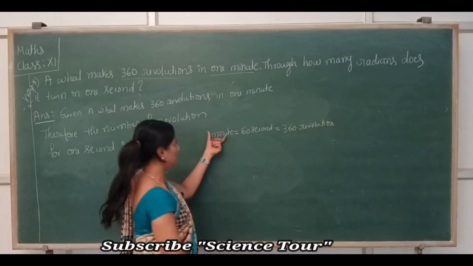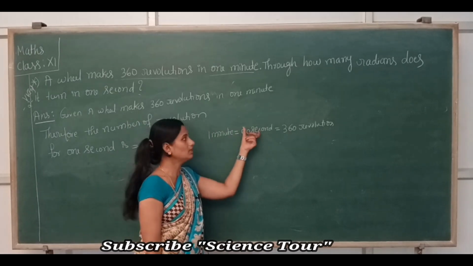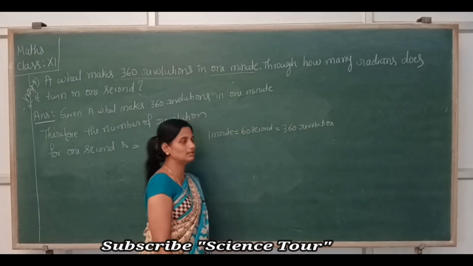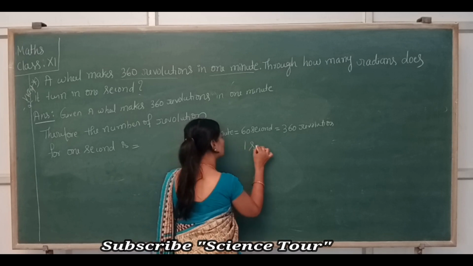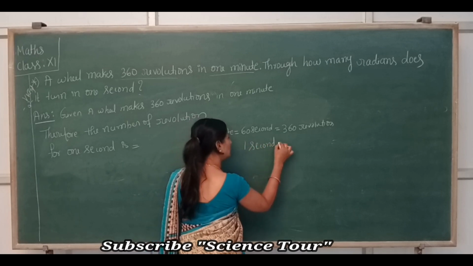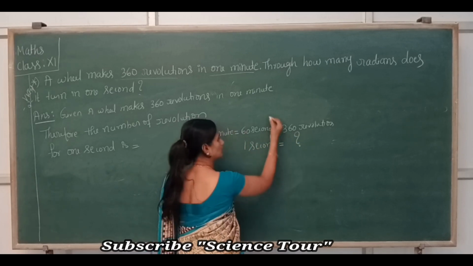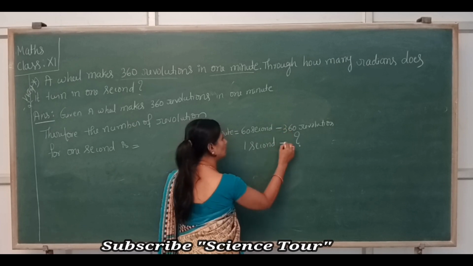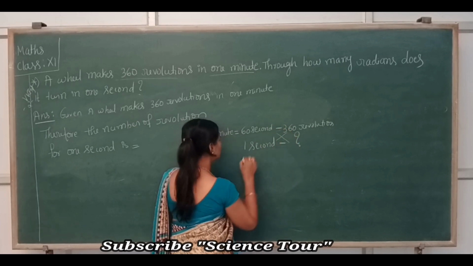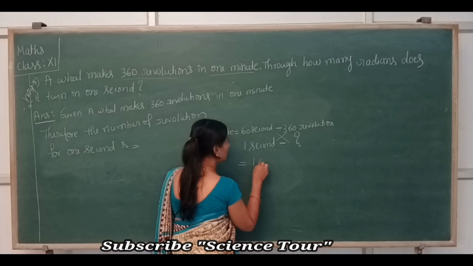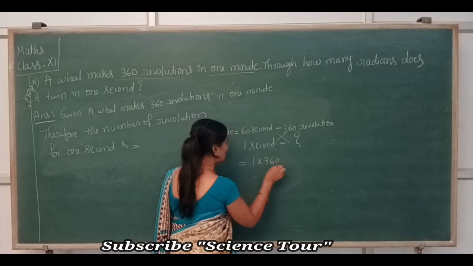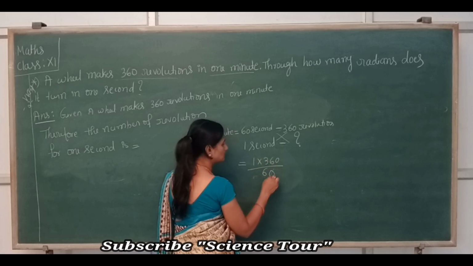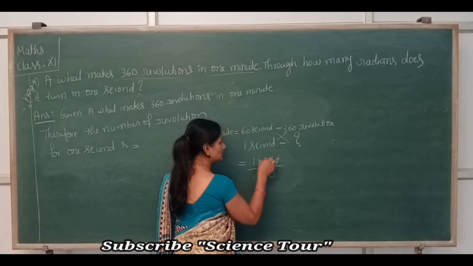So 1 minute, which is equal to 60 seconds, takes 360 revolutions. For 1 second, how many revolutions? So cross multiply. So we will get 1 into 360 divided by 60. 0, 0 cancel. 6 ones are 6, 6 are.